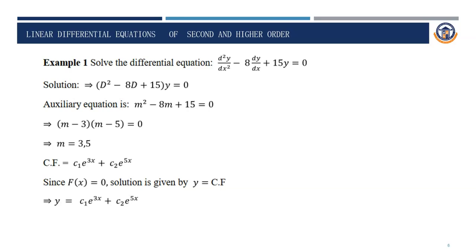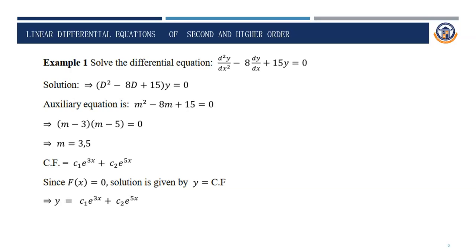So in this problem, the roots are real and different. Therefore the complementary function is c1 e power 3x plus c2 e to the power 5x. Here c1 and c2 are constants. For our convenience, we can take these constants as c1, c2, c3 and so on.